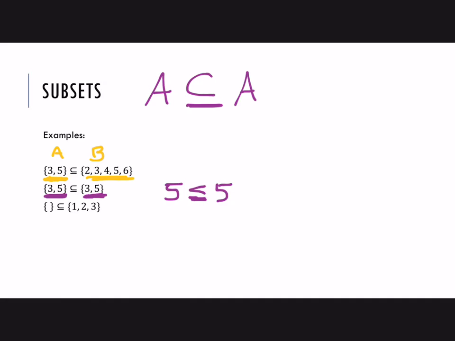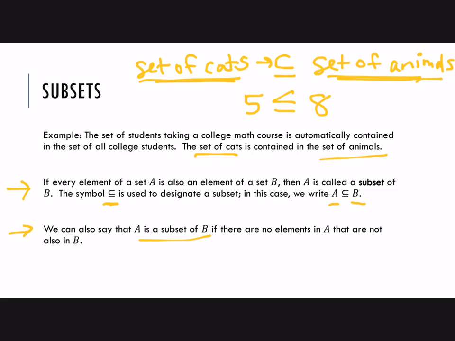The third example is: is the empty set a subset of {1, 2, 3}? This is a true statement, and this is the one where it's helpful to look at the alternate definition. I'll write that example here. It's hard to use the first definition, every element in this set is in here, because the set on the left doesn't have any elements, so that's weird to think about.